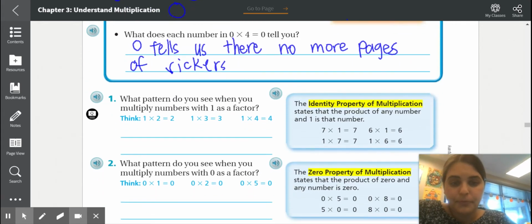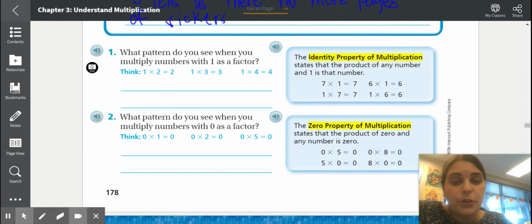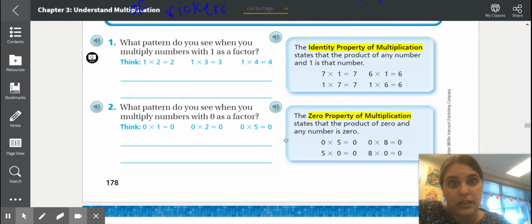Okay. We are about to learn two new properties of multiplication that are so important. The first one is called the identity property of multiplication. It states that the product of any number and 1 is that number. The word identity has to do with yourself, like your identity is who you are.